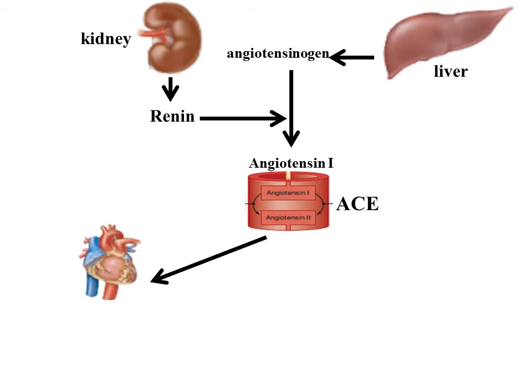Angiotensin 2 has many effects. First, on the cardiovascular system, it causes vasoconstriction. The vasoconstriction includes both arterioles and veins, with more effect on arterioles. It is said that it is 4 to 8 times more potent than norepinephrine.